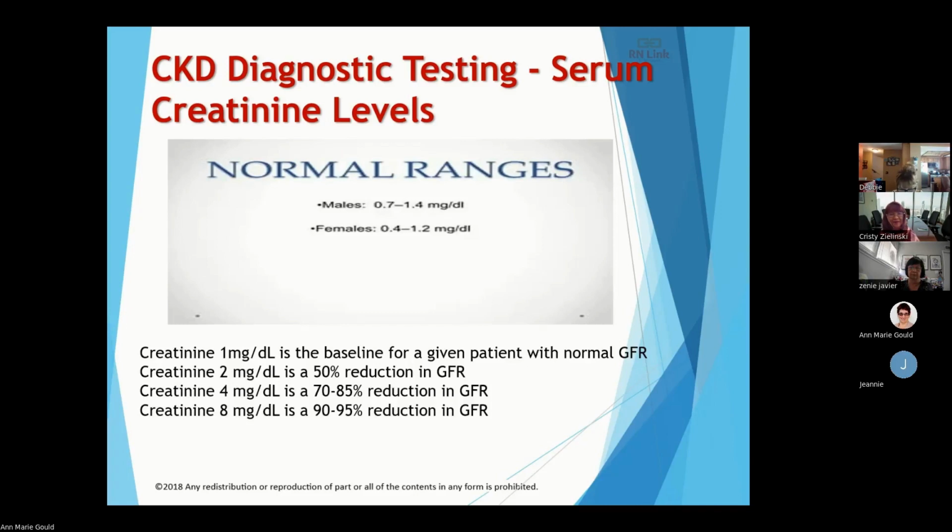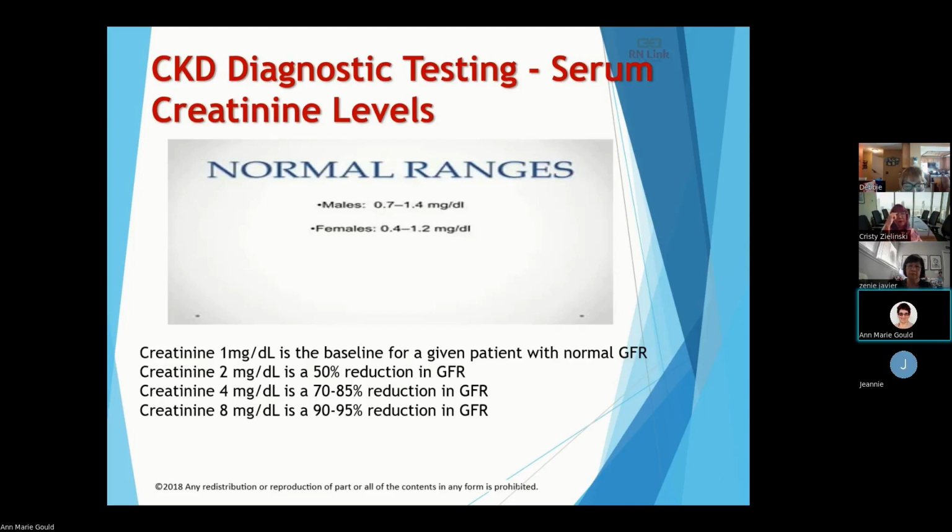All right. And then serum creatinine levels. Here are the normal ranges for males and females. So on the bottom, I just wrote down, to give you an idea, what abnormalities the serum creatinine may show. With a creatinine of 2 milligrams per deciliter, it's a 50% reduction in GFR.